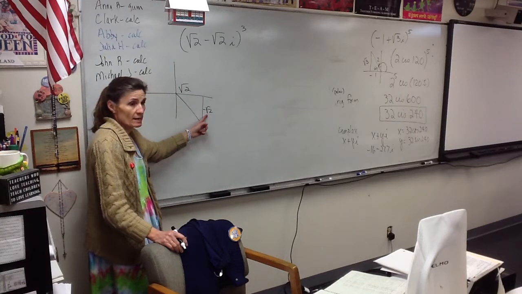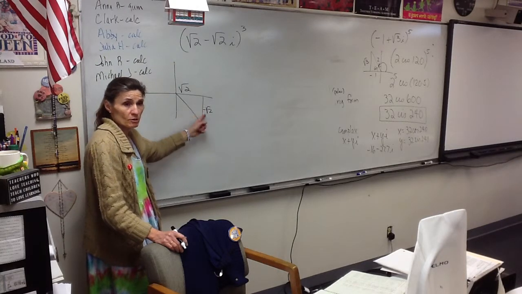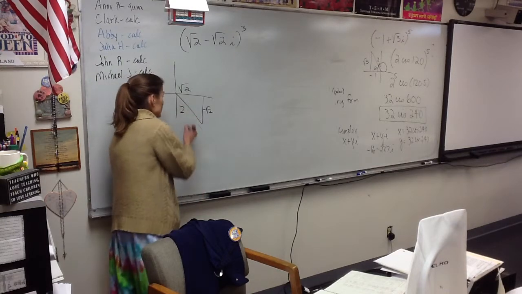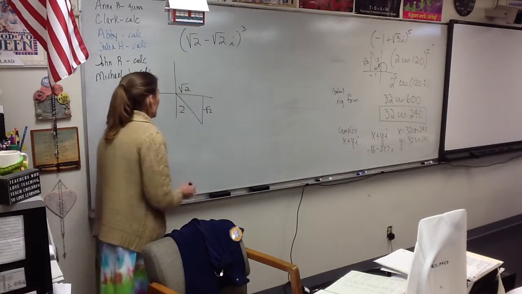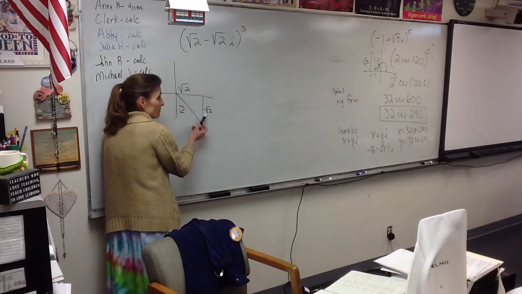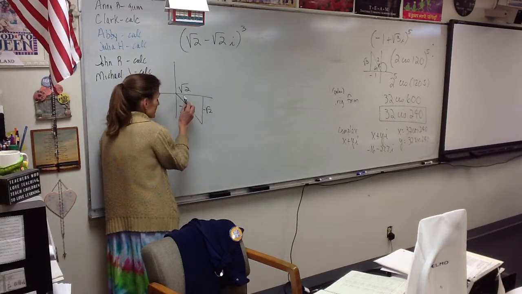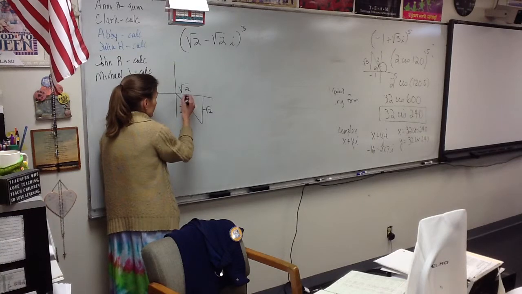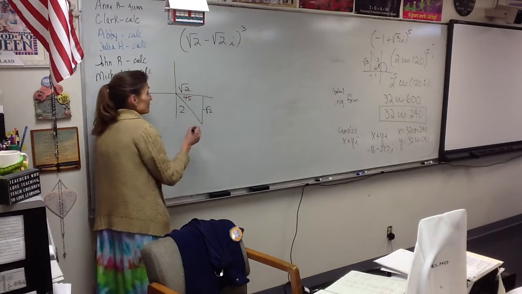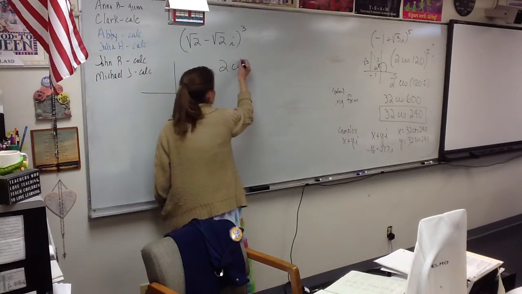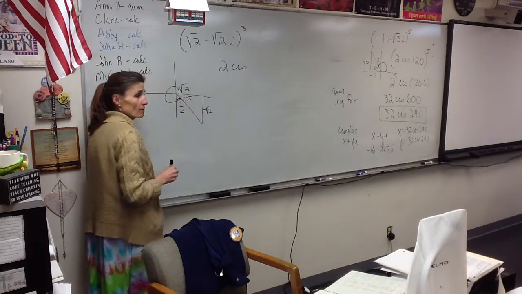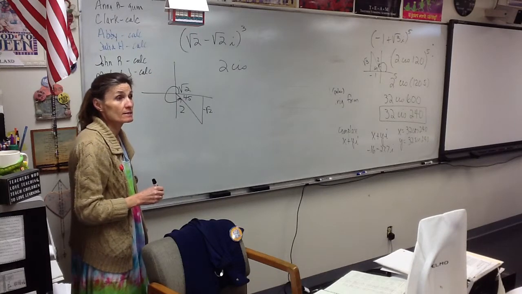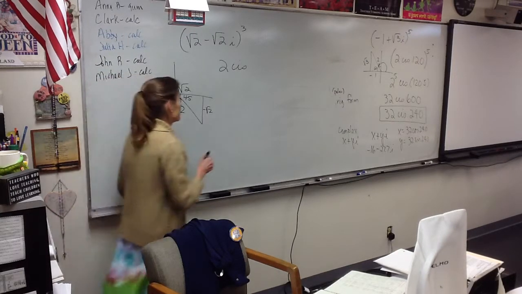If I square that, I get 2, and 2 plus 2 is 4, and the square root of 4 is 2. See how these two are the same number? What does that mean about this angle? It's 45. But your number is not 2 CIS 45. Your number is 2 CIS 315.